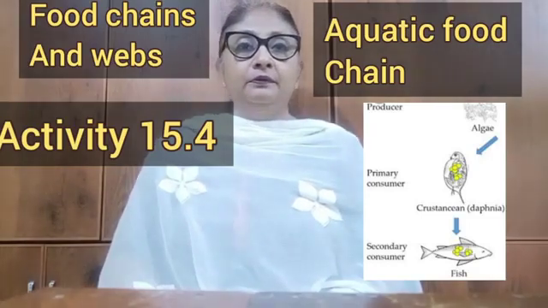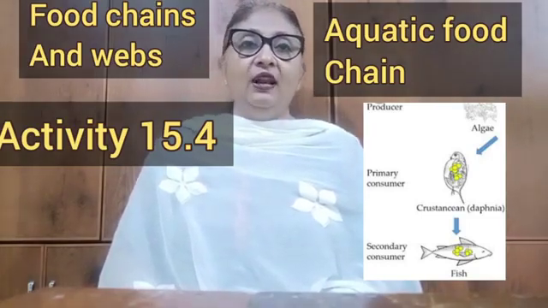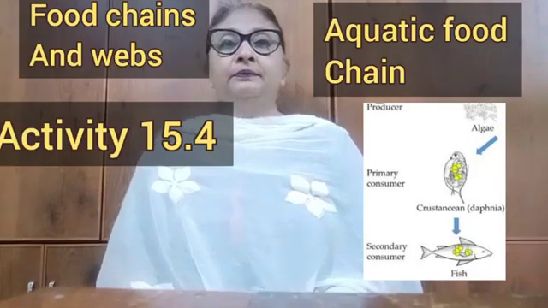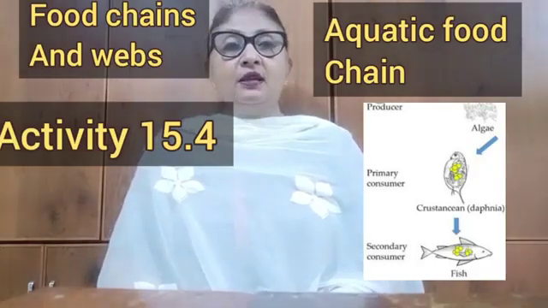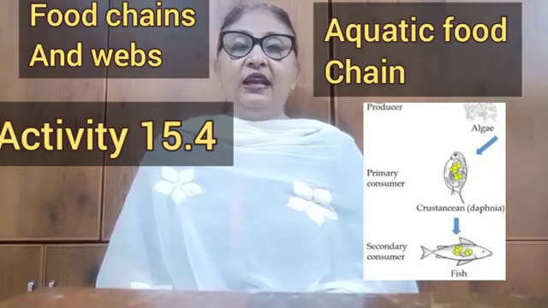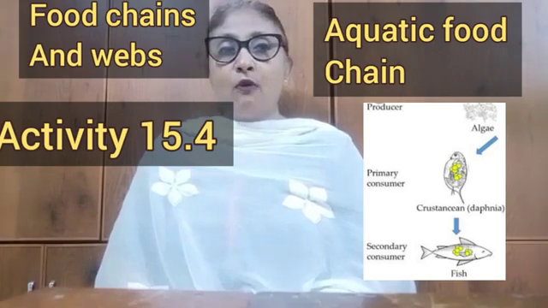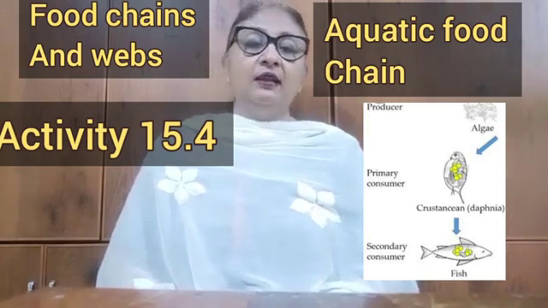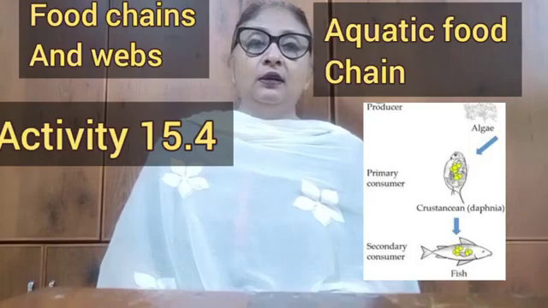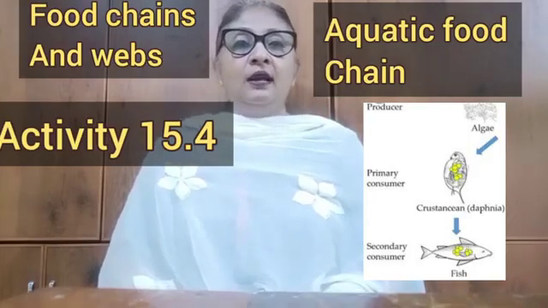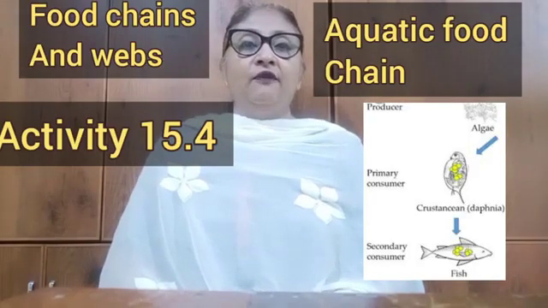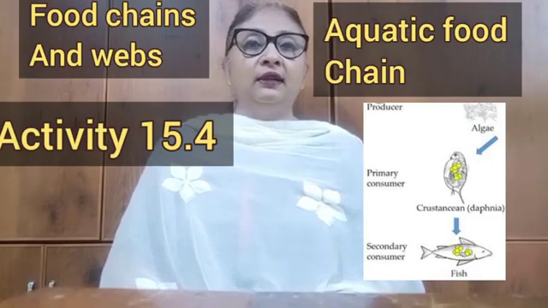Starting from the first trophic level occupied by the aquatic plants, followed by the second trophic level, that is small insects living in water, which are in turn eaten by fishes, which occupy the third trophic level. Now let us discuss food chains and food webs in detail.